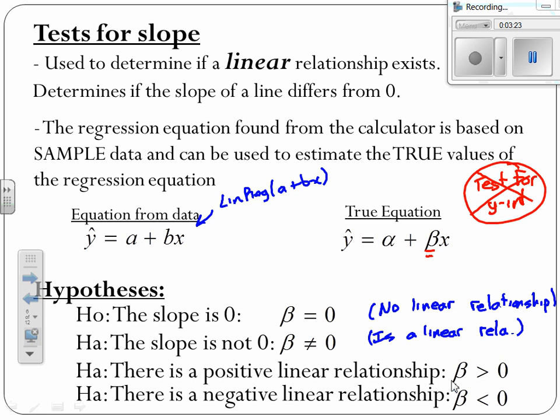We can always interpret it as when x is 0, y equals the y-intercept. But if you think back, a lot of times those didn't necessarily make sense. We could plug things into the right template, but they didn't necessarily work out for us, whereas slope always had some type of context in the problem. It always had some type of meaning.